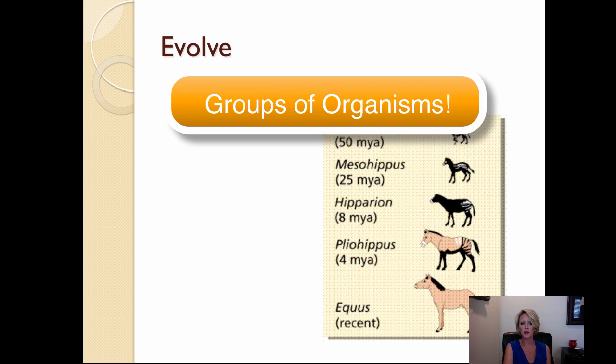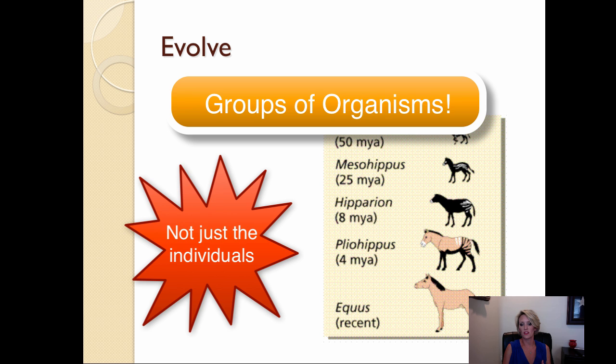Now, all organisms on our planet have evolved. And you have to think of evolution happening to a large group, not just an individual. So let's say here this shows the evolutionary path of the horse. And this happened to the entire species, not one single horse on its own.